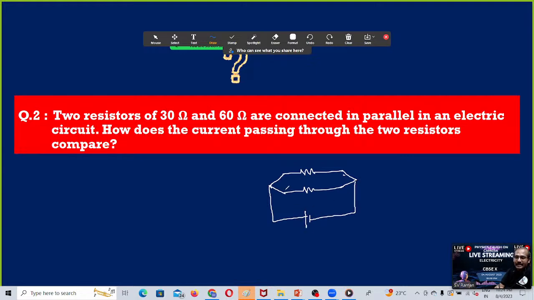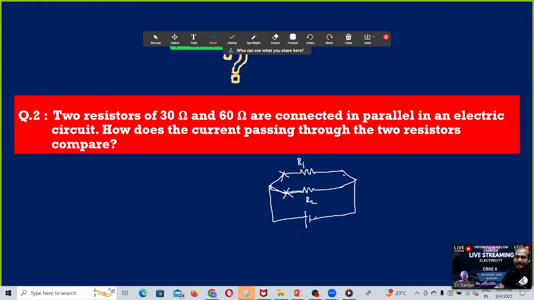For example, if this wire is disconnected, the same battery is connected to the R1 resistor, and current will flow. It's a closed circuit. Now this is connected and this is disconnected, and the same charged particles will go through the R2 resistor. So finally, for both R1 and R2 in parallel, we give a common potential.